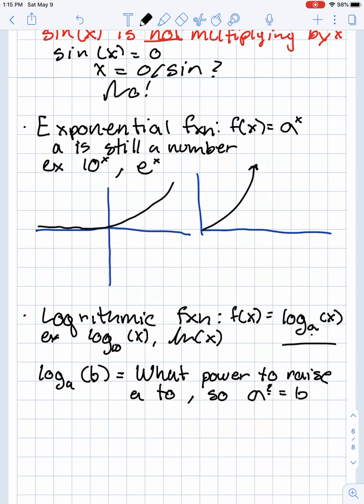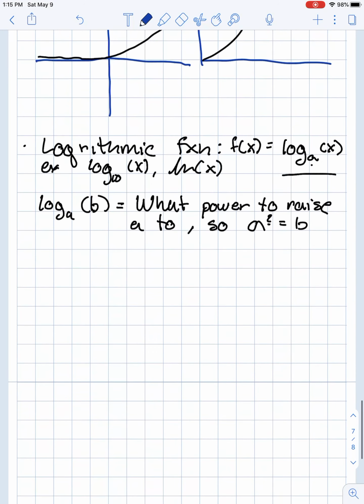All right, so this family of functions also looks pretty similar. They only can give you positive outputs, and they start really close to the axes, and then they go up like that.